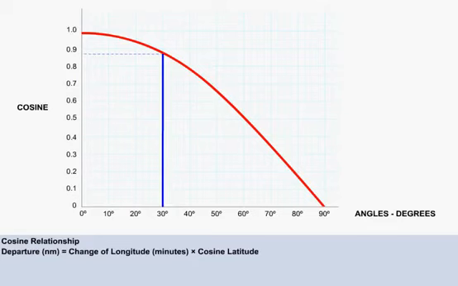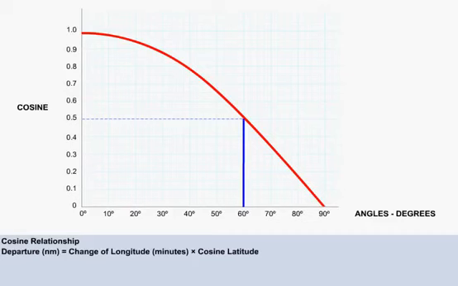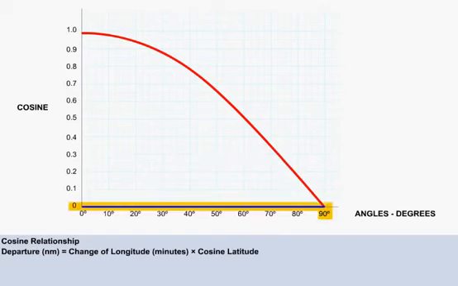The cosine of 45 degrees is 0.7071. The cosine of 60 degrees is a half, or 0.5. The cosine of 75 degrees is about a quarter, or more accurately, 0.259. And the cosine of 90 is 0. Cosine reduces from 1 to 0 as the angle increases between 0 and 90 degrees.